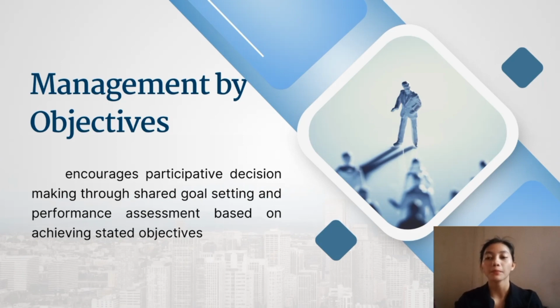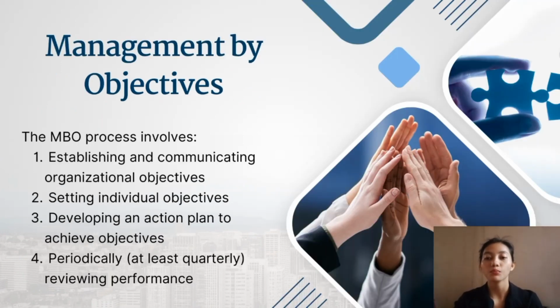And the people participating in setting and implementing these objectives make them successful. This is really a communication tool between managers and employees, and really setting out a framework of what needs to be done. The process involves, one, establishing and communicating organizational objectives.